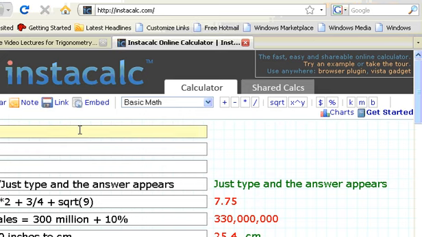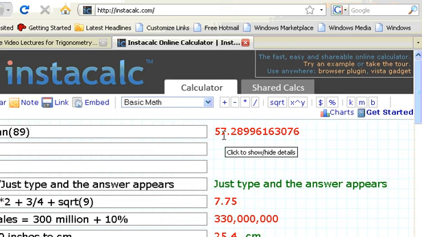I want to take a look at some angles. Let's say tangent of 89 degrees. Tangent of 89 degrees is 57. Large number, is that right? Like with sine and cosine, everything was reasonable numbers like 0.5, 0.7, 0.9 or something. But all of a sudden we are dealing with large numbers.